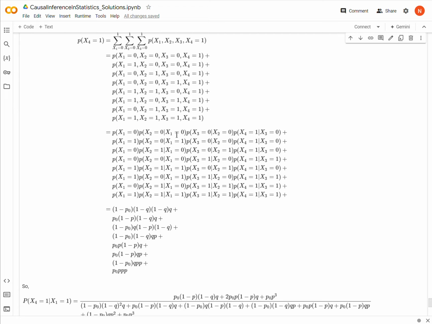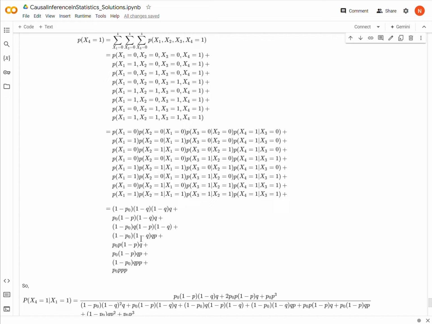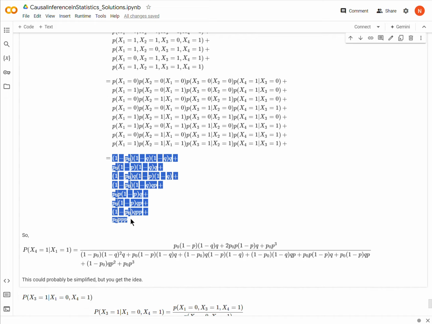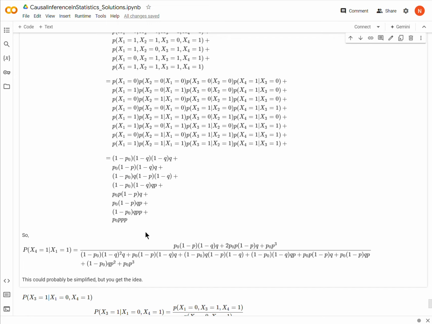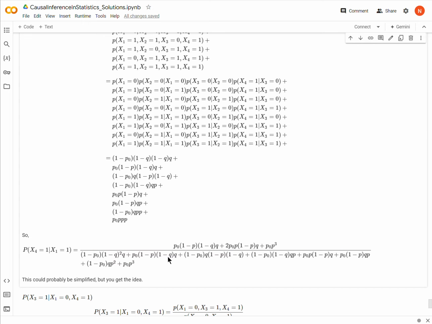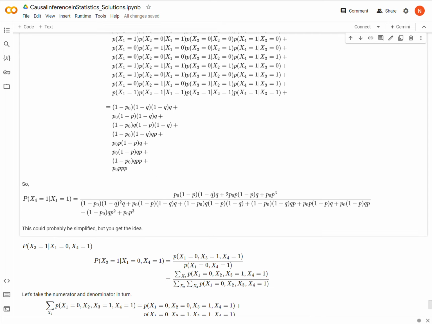And then each one of these terms, again, can be put in terms of the parameters p and p naught and q and 1 minus all those things. Okay, so the denominator ends up being this. And so when I combine that with the numerator that we previously found, we get this big ugly thing right here. This could probably be simplified if we wanted to take a lot of time to do it, but you get the gist.